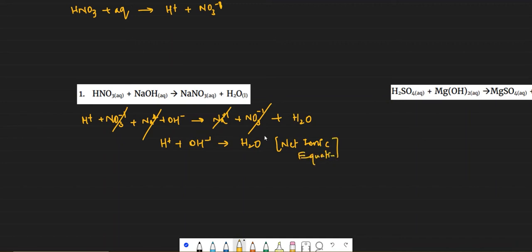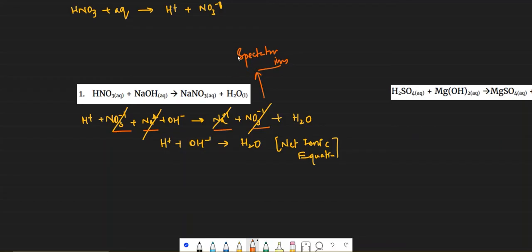The ions that are cancelled are called spectator ions. Which ions? The ones which got cancelled. The sodium ions and nitrate ions were spectator ions. Why spectator? Spectators are the ones who watch sports but do nothing actually.